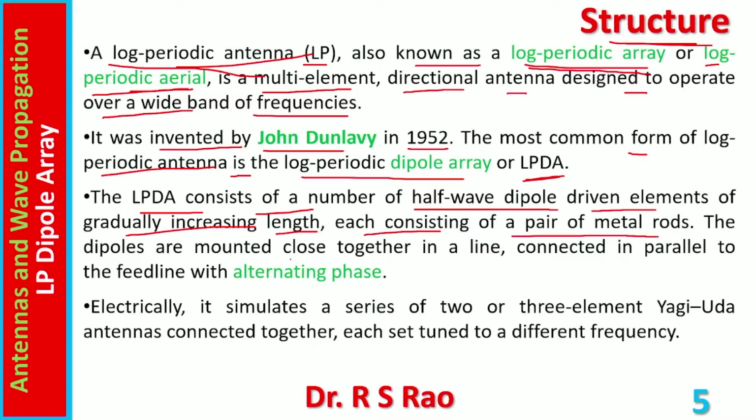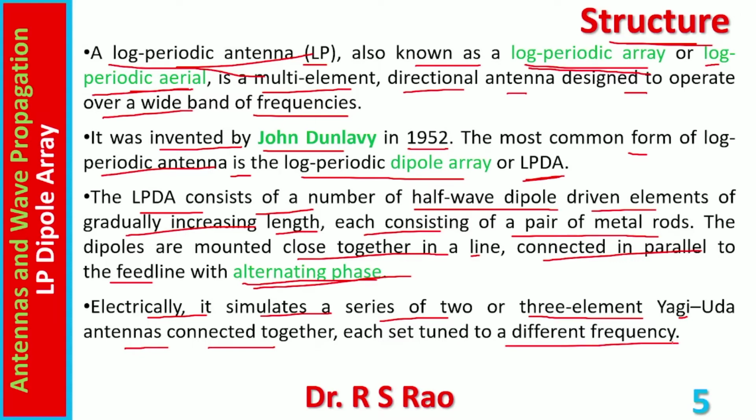The dipoles are mounted close together in a line, connected in parallel to the feed line with alternating phase. Electrically, it simulates a series of two or three element Yagi-Uda antennas connected together, each set tuned to a different frequency. In this slide, a good amount of information regarding the historical background of a log periodic dipole array.